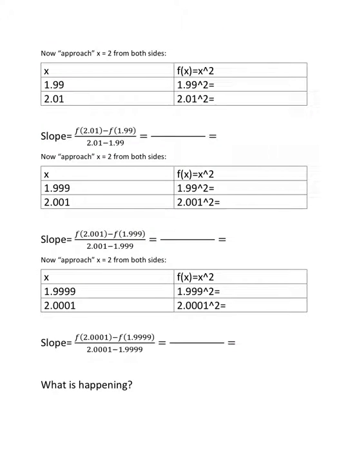But now we're going to use the table. And when x is equal to 1.99, we see that the y value is 3.9601, and that when x is 2.01, the y value is 4.0401.